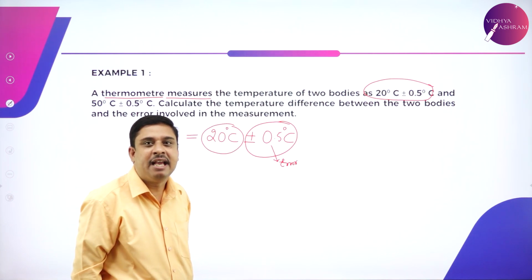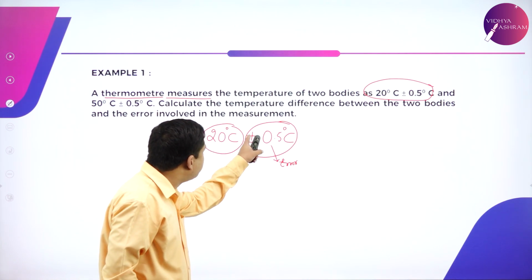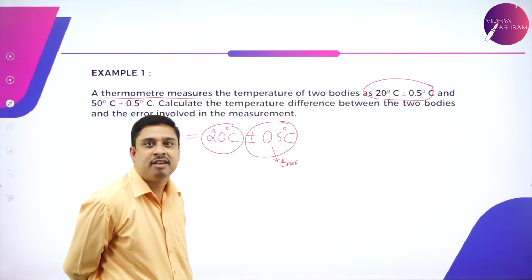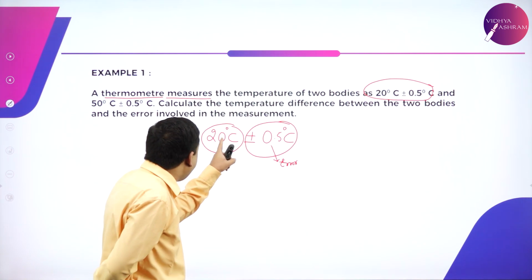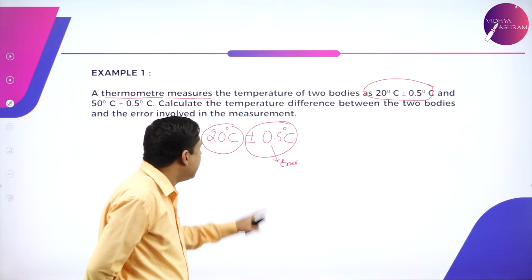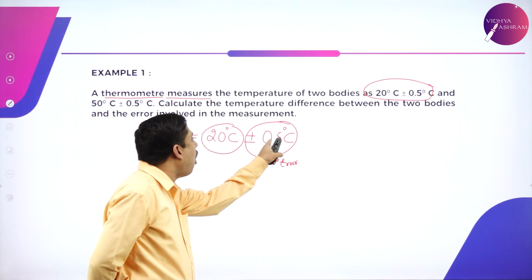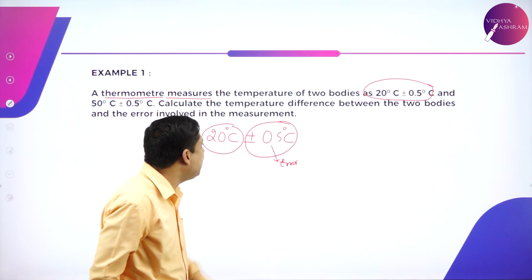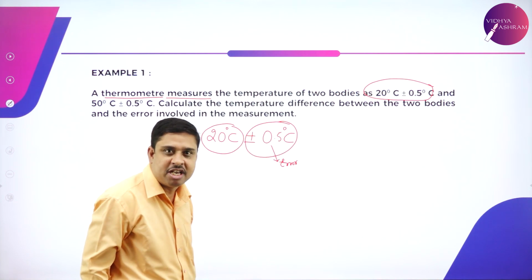Any quantity that is expressed or measured with a plus or minus symbol is called an error, which means the precision or accuracy of measurement of temperature here is 20 plus or minus 0.5 degrees Celsius. So how much error is present? Plus or minus 0.5 degrees Celsius.